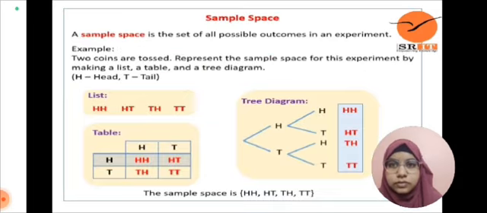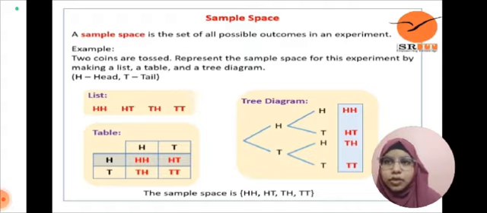Next, sample space. A sample space is a set of all possible outcomes in an experiment. Example, it can be understood by tossing a coin. Represent the sample space for this experiment by making a list, table and tree diagram. When 2 coins are tossed, the sample space we have 4, like we can see in the figure.